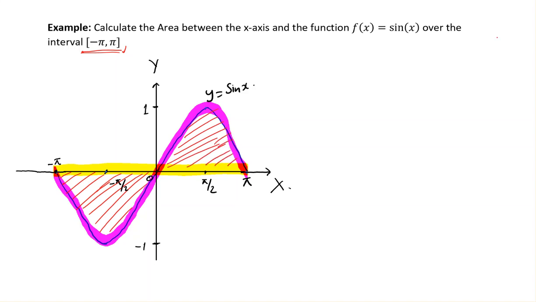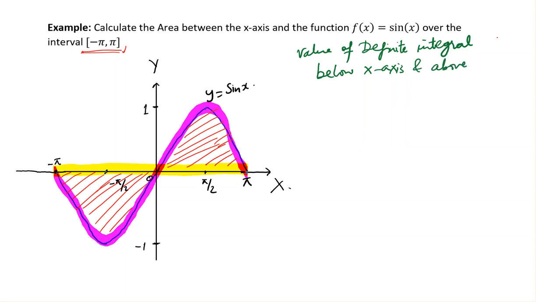If you try to figure out the value of the definite integral below the x-axis and above the curve, we get a negative value. But since area cannot be negative, we are only interested in the absolute values of the integrals.